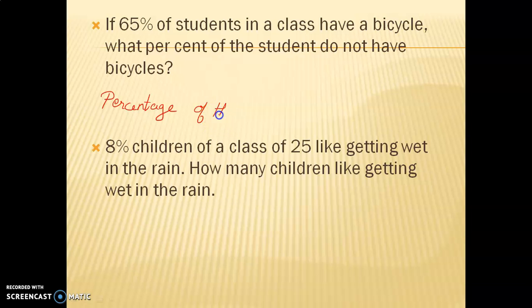Percentage of the students who do not have bicycles. Of course, you should have found the answer now. What is the answer? Did you subtract? From which did you subtract? 100. 100 minus 65 is equal to 35 percentage of the students do not have bicycles.